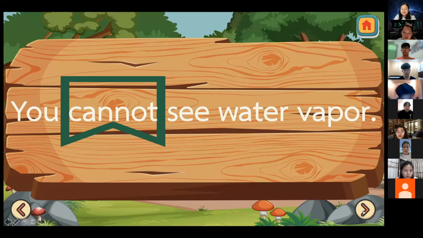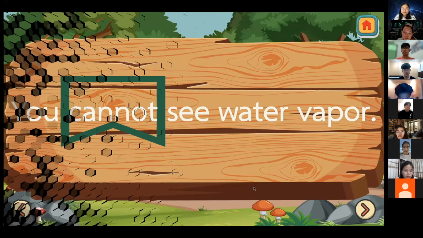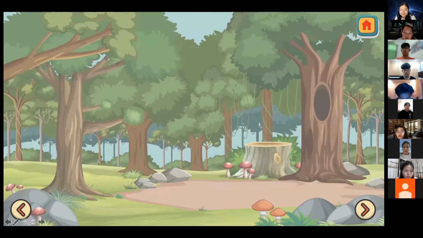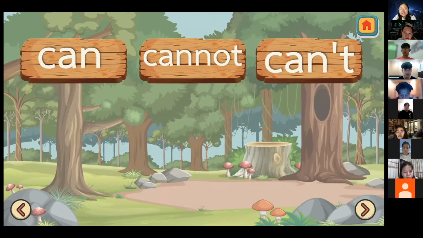Okay, next, let's move to the contraction of negative. We will use the contraction of negative; it's always used for speaking and informal situations. The first word is can. You will repeat after me.